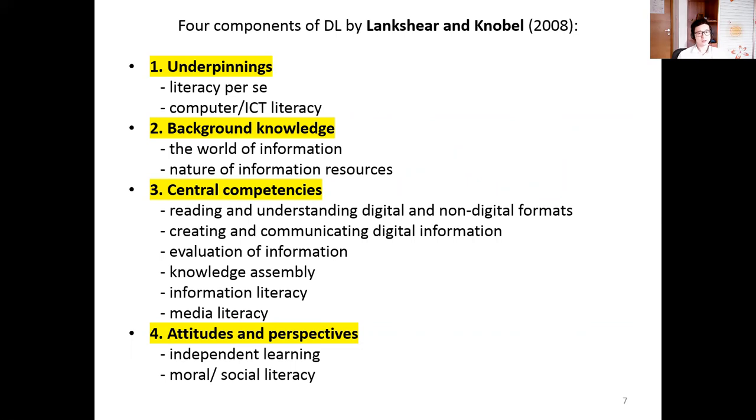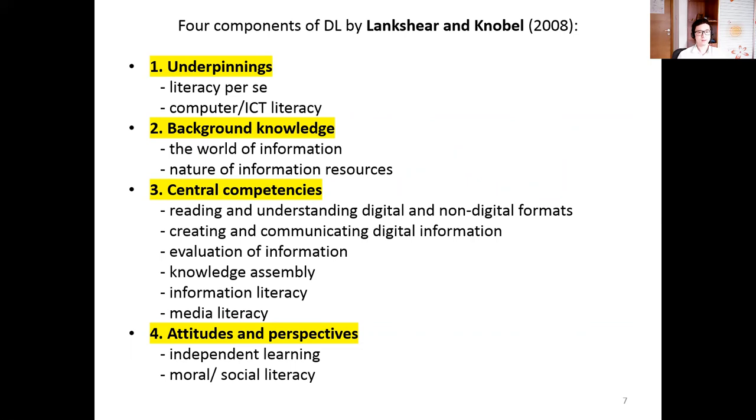It also includes how to evaluate information and synthesize knowledge. It also contains information literacy, media literacy, as well as computer and internet literacy.